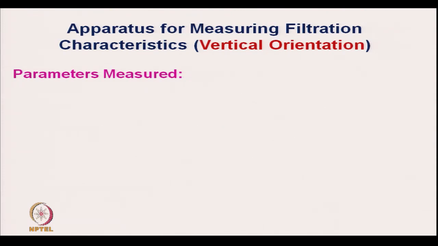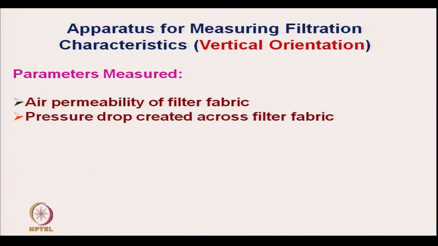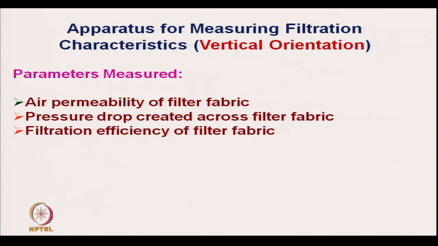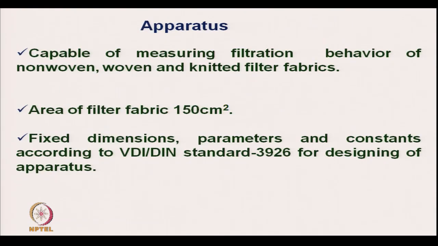The parameters measured here are air permeability of filter fabric, pressure drop created across the filter, filtration efficiency of filter fabric, and cleaning efficiency of the filter fabric. This apparatus is capable of measuring filtration behavior of non-woven, woven and knitted filter fabrics.